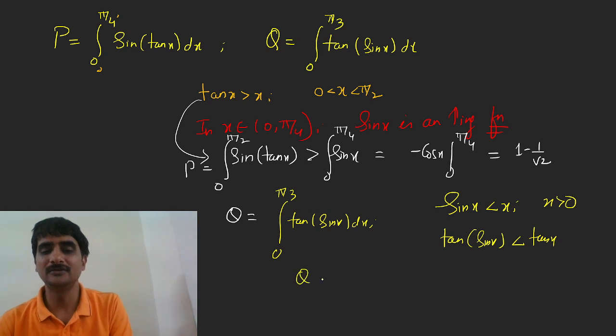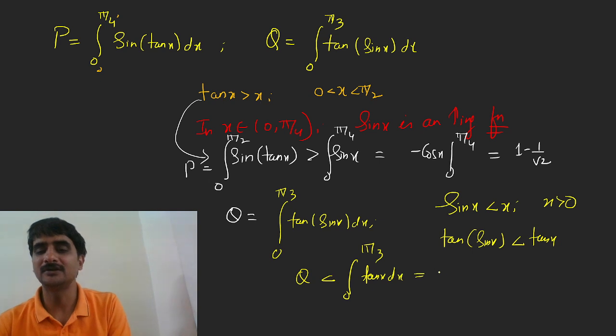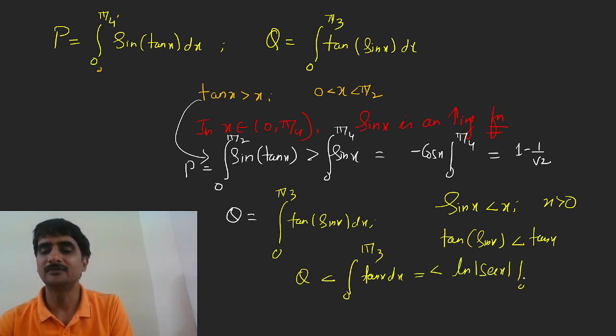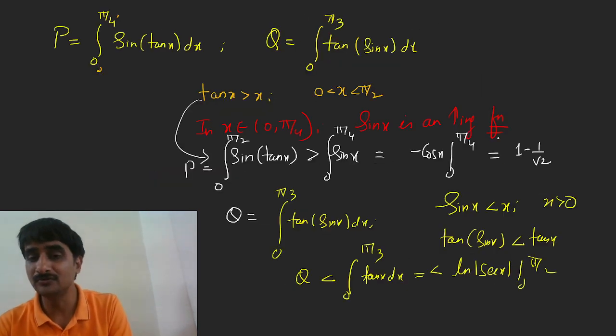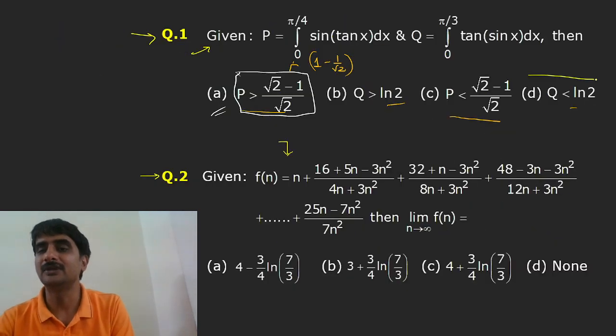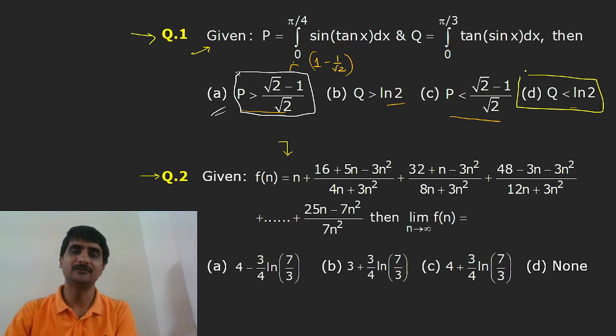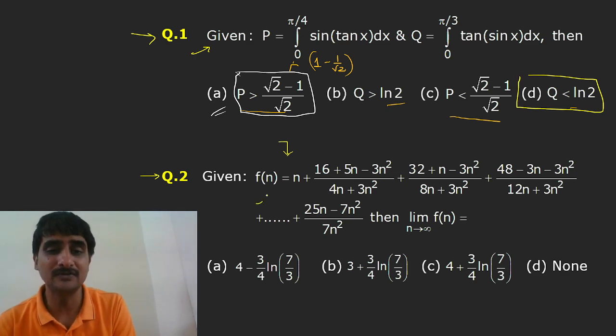So Q is less than the integral from 0 to pi by 3 of tan x dx, which is nothing but ln mod sec x from 0 to pi by 3, and that gives us ln 2. So Q is less than ln 2, so that should be the answer here. So that was the first question based on inequality in definite integral.